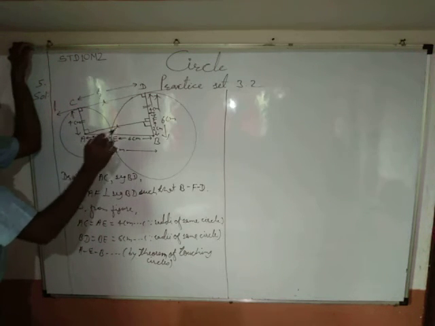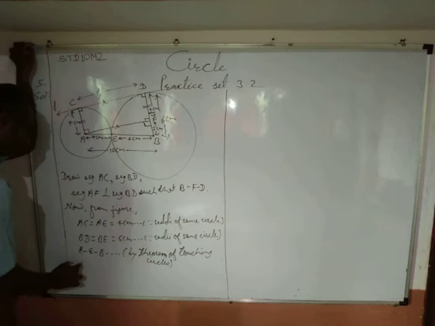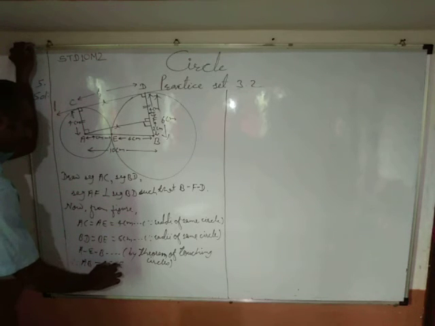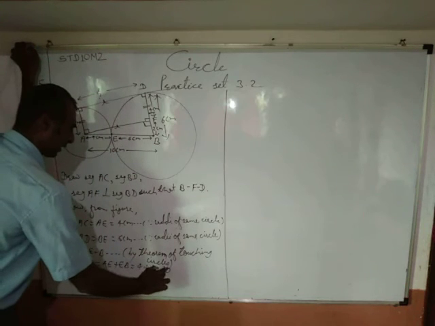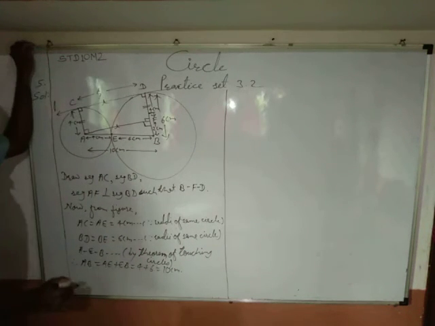That's why A-E-B, and therefore AB equals AE plus EB equals 4 plus 6 equals 10 centimeters.